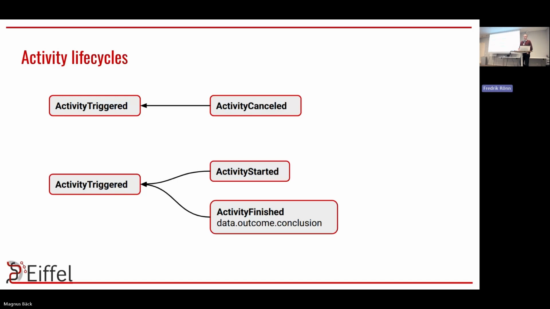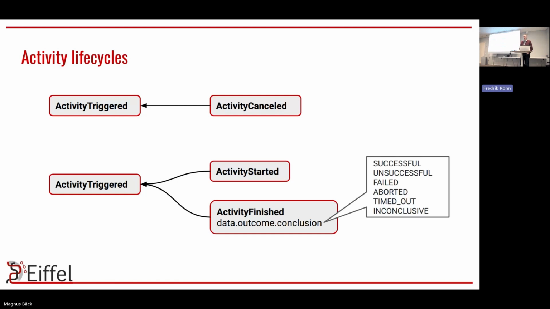In that case, there is never an activity started. You just know that this activity will never start. In the other case, you have activity triggered, followed by activity started and activity finished. That's the normal flow of an activity. In that case, we have the data outcome conclusion field in activity finished that indicates what happened with the activity. It could be successful, unsuccessful, failed, aborted, timed out, or inconclusive.